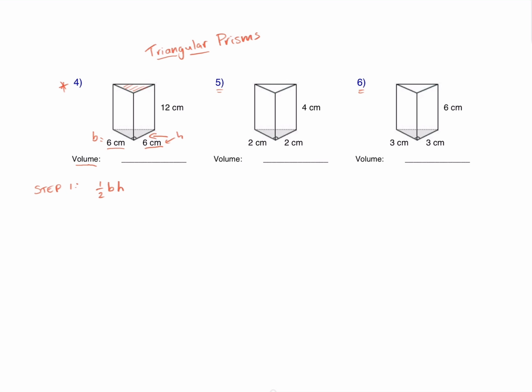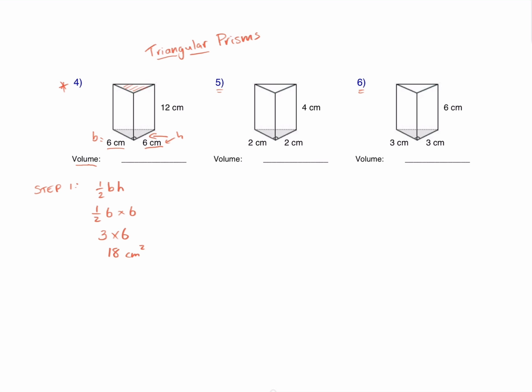So we half the base, which is 6, and then multiply it by the height, which is also 6. Half of 6 is 3, and we multiply it by the other 6 to get 18. That is centimeters squared, because that's the area of the triangle.